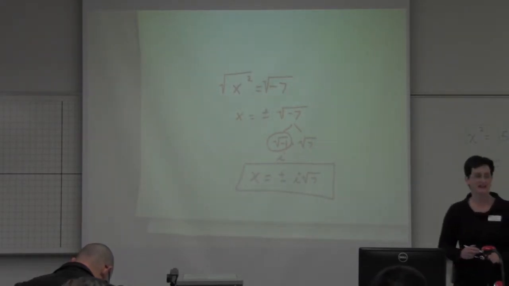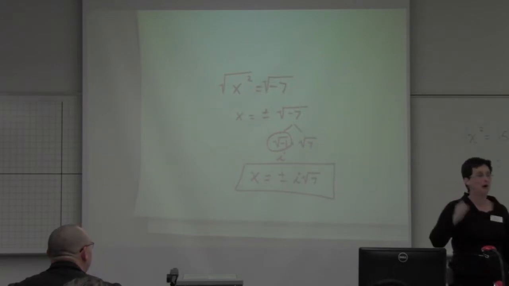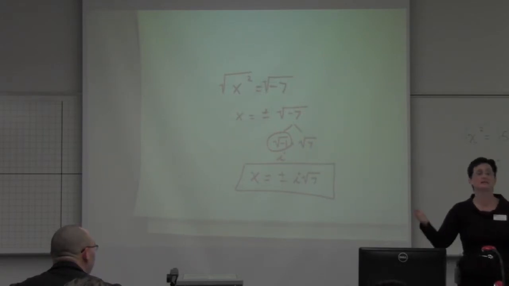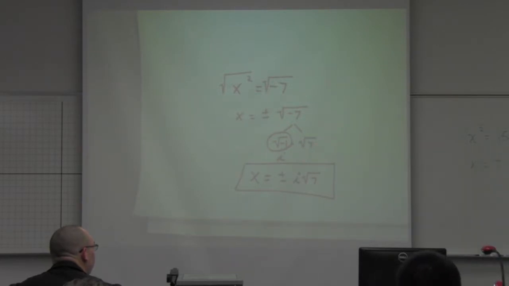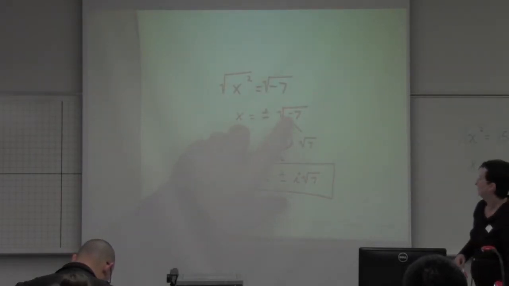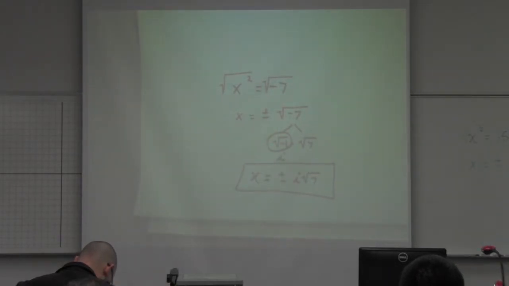And once again, the computer is going to make you do what? Both. Plus or minus means the positive i square root of 7 and negative i square root of 7. So you just make it an i the whole time? Anytime that you have a negative under the square root, you're going to have an i. What if you had negative 4?